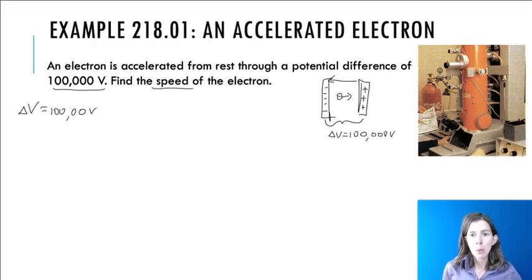So, with that in mind, if we know that it's going to speed up, its kinetic energy is going to increase, then we know that we want to find the kinetic energy first, and then we can relate it to the speed.